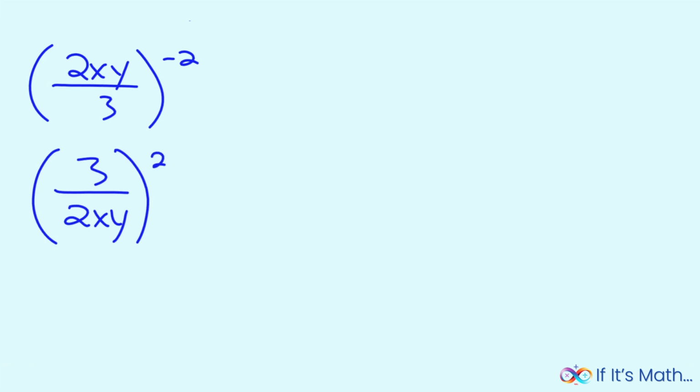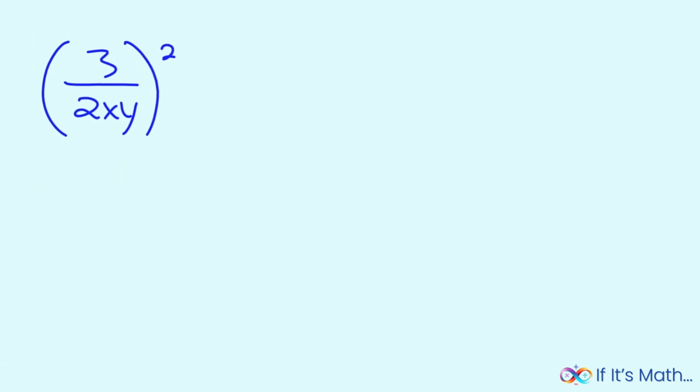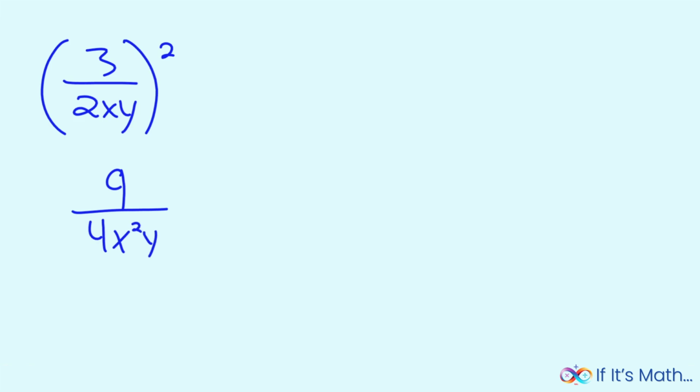So from there now, I can distribute through this exponent. So I'm going to have 3 to the 2nd power, and then 2 to the 2nd power, x to the 2nd power, y to the 2nd power. So this is going to give me 3 to the 2nd power, which is 9, divided by 4x squared, y squared.